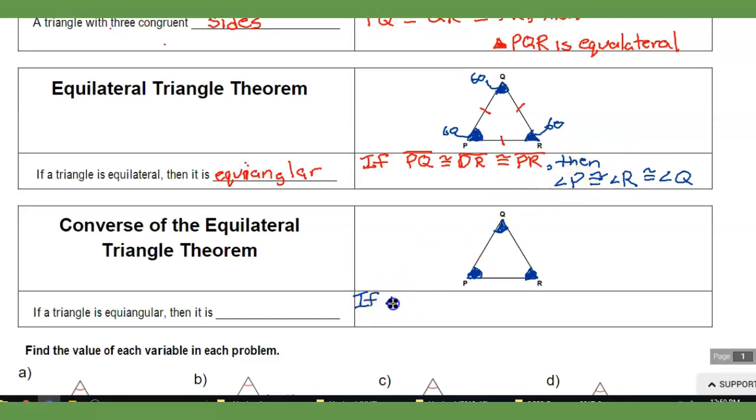Same thing here to say if angle P is congruent to angle R is congruent to angle Q, then segment PQ is congruent to segment PR, congruent to segment QR. So if it's equiangular, it is also equilateral.